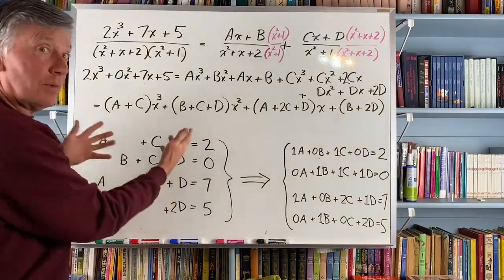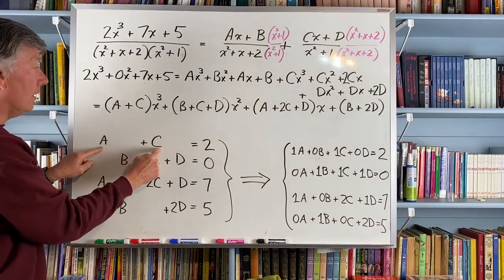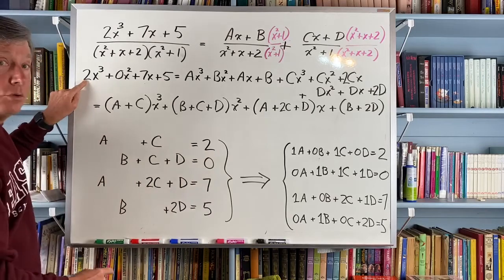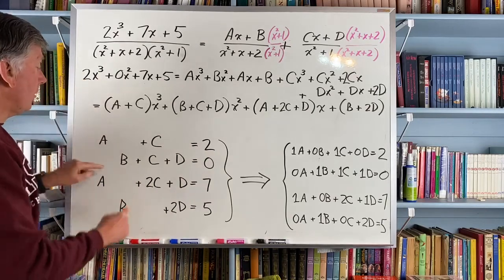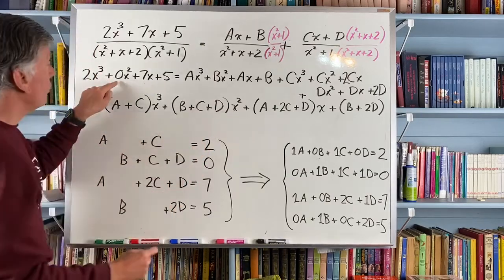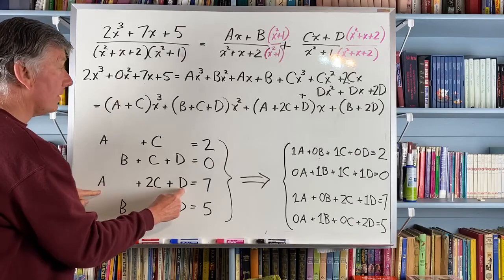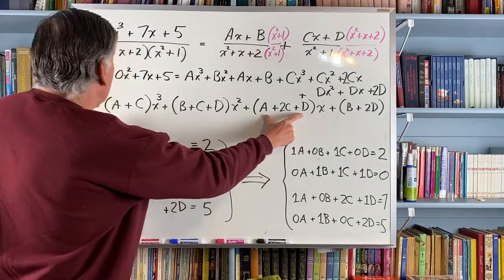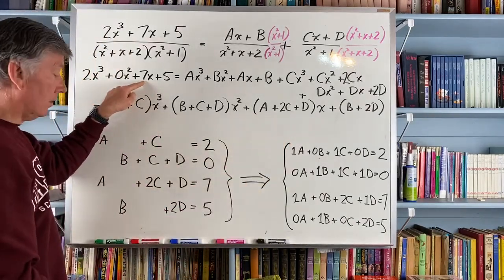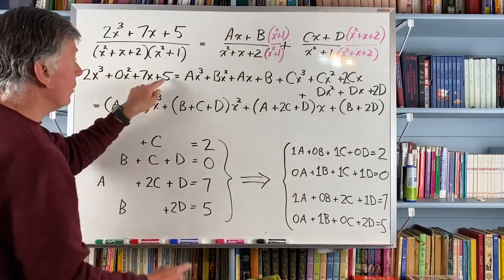And then I set up my system of equations here. A plus c is equal to 2. B plus c plus d is equal to 0. A plus 2c plus d here is equal to 7. And b plus 2d over here is equal to 5.